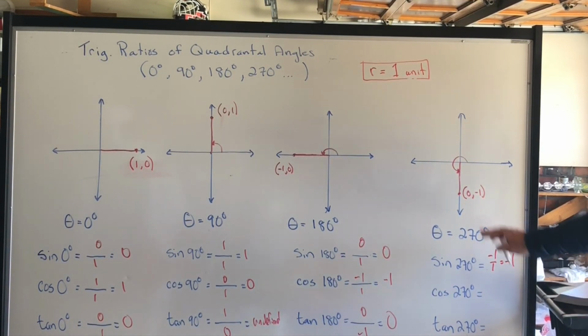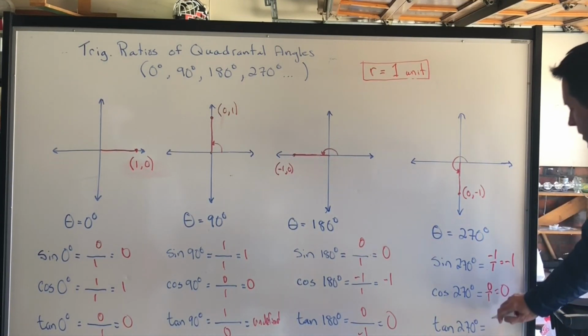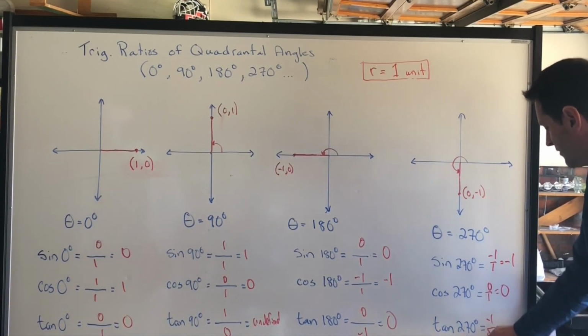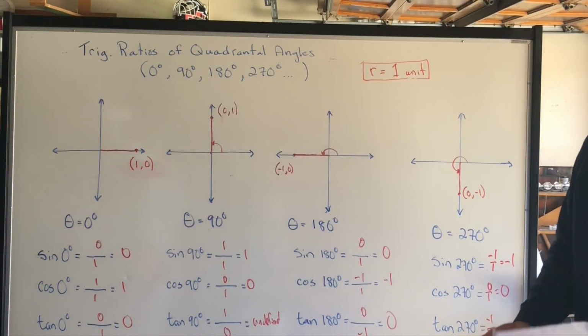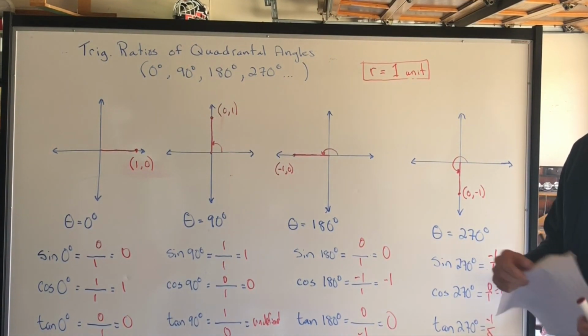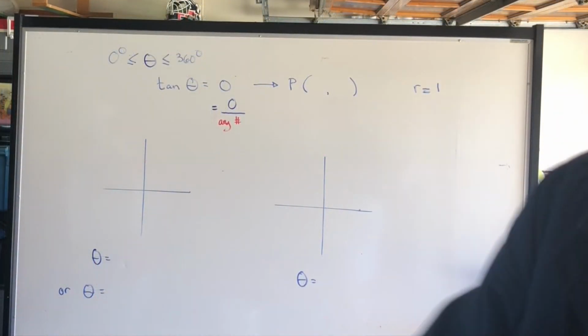The cosine value, that's x over r, 0 over 1, which is just 0. And the tangent value, that's y over x, -1 over 0. Oh, that's undefined as well. So that's how we come up with those values on the chart that I sent you. We can use those to answer some of the following questions.